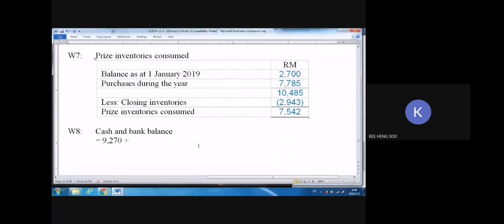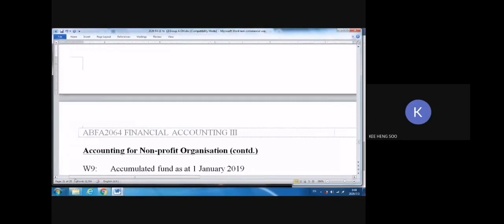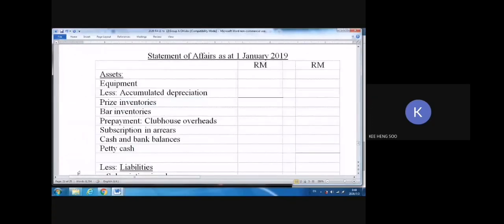So working number 8 I can skip. Working number 9, accumulated fund. This one also I can skip because it's already given in the question.